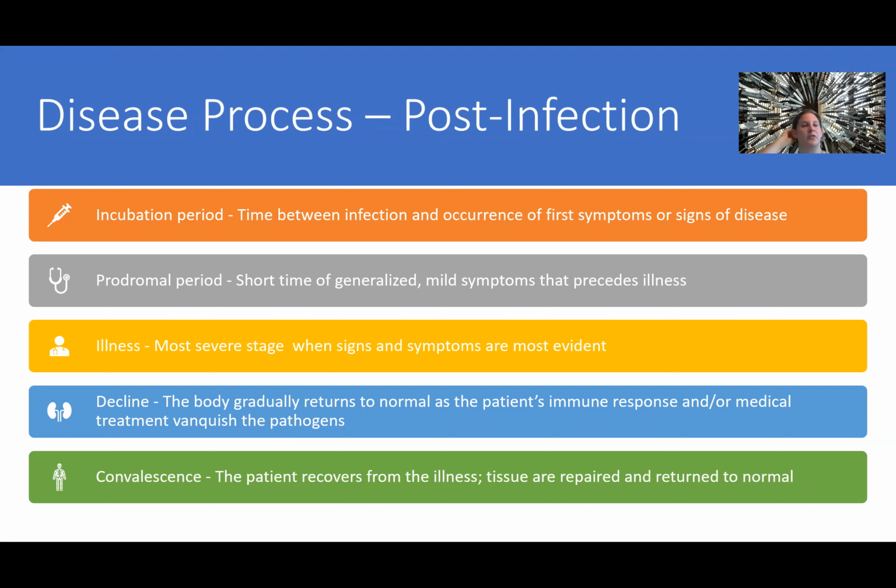Okay, here are some more terms. So after you've been infected and now you have a disease, what are the stages that we go through? The first stage is the incubation period. It's the time between when you're infected and when you have first symptoms.